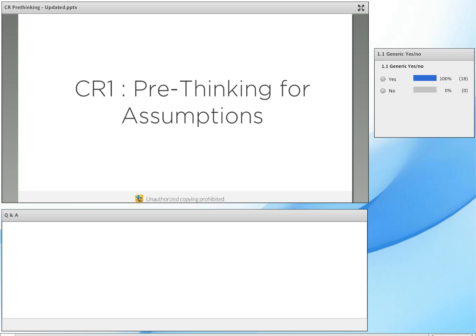Select yes if you can see it. Okay, perfect. For those of you who cannot see that, I recommend that you join again. Usually when you join again, the problem sorts itself out.